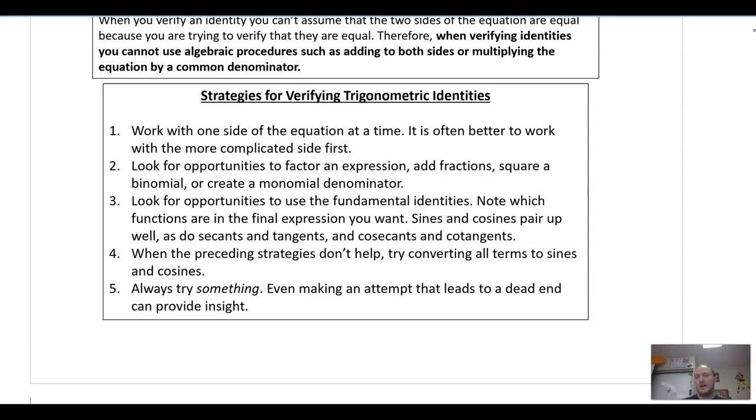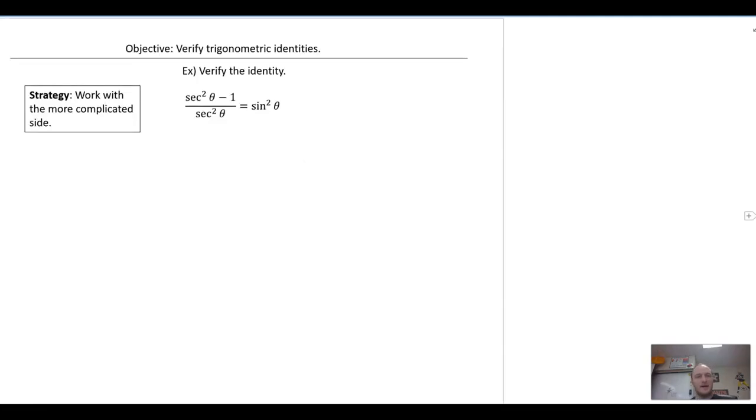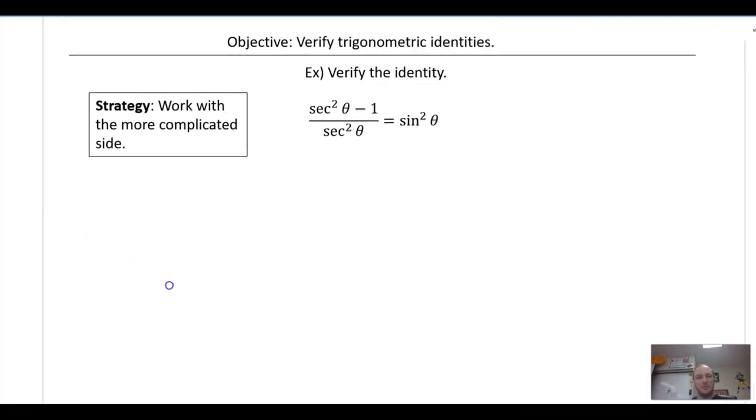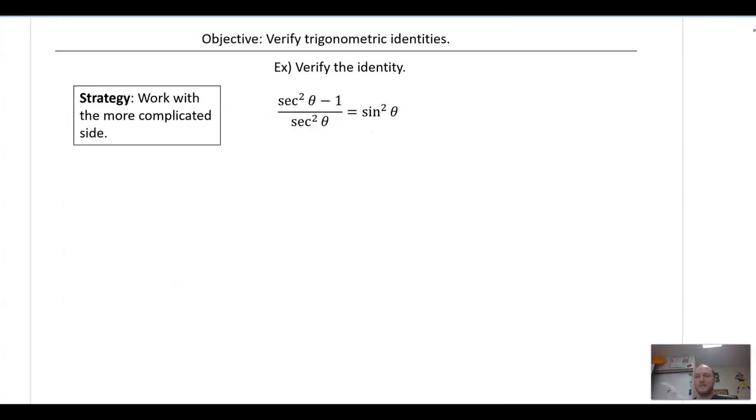All right, so let's go ahead and look at this example. We are going to verify, and we're asked to work with the more complicated side first. So let me pull up my pen here. Okay, what you should see here is I have secant squared theta minus 1 over secant squared theta.